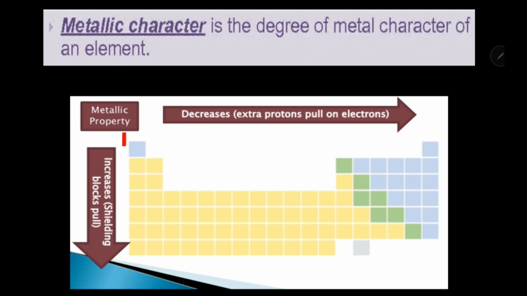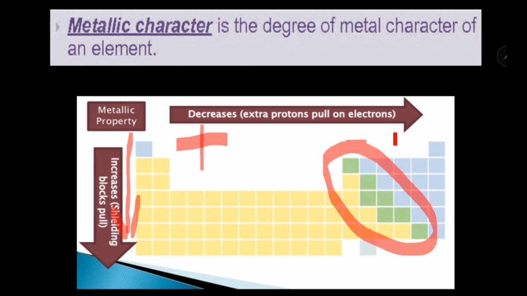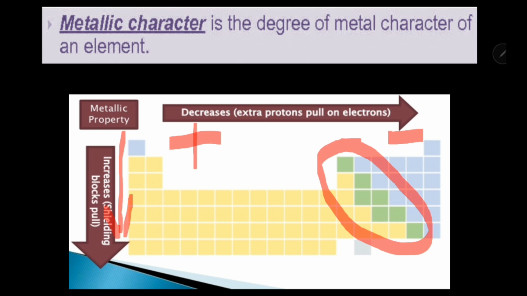If we go down the group, the metallic character increases. Metals are electropositive, whereas non-metals are electronegative. So as they move across, they lose the capacity to give electrons, whereas non-metals gain the capacity to take electrons.